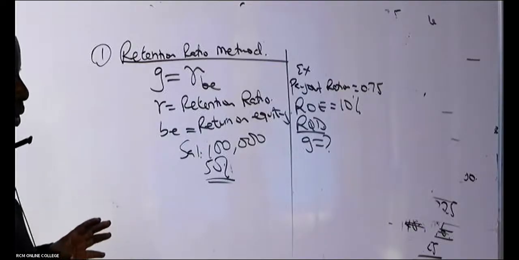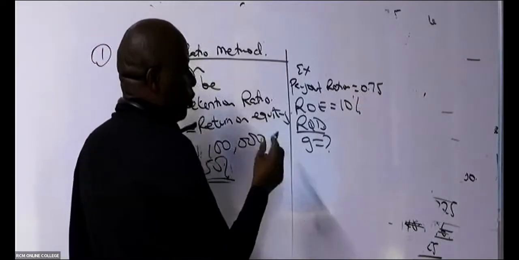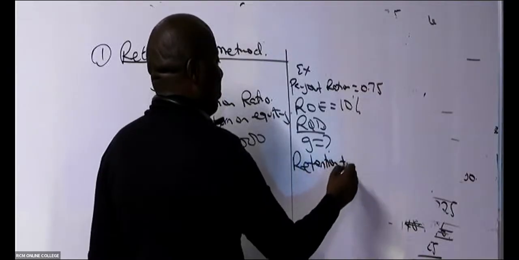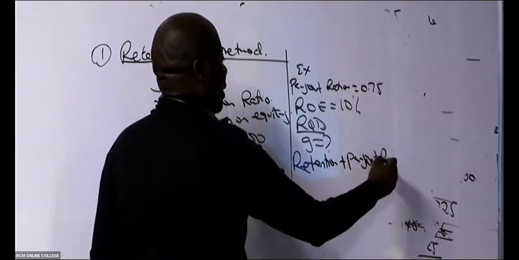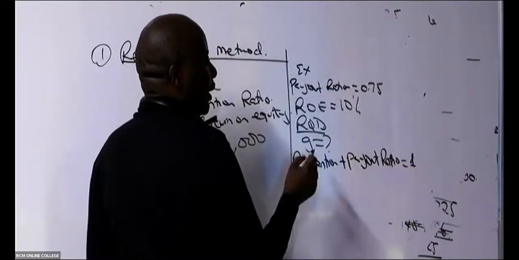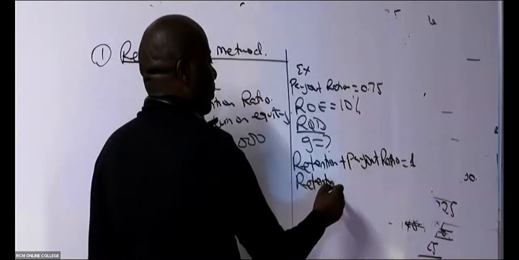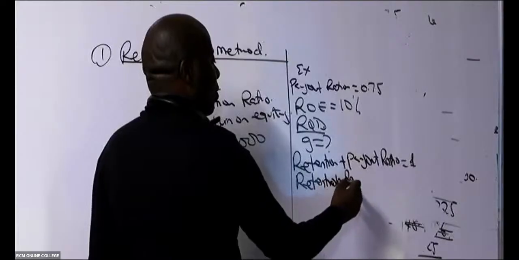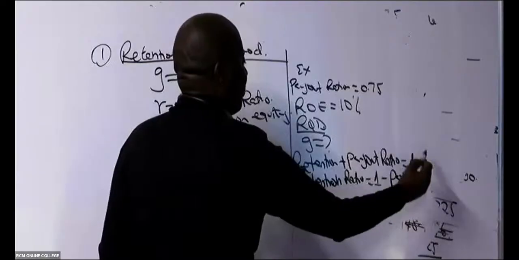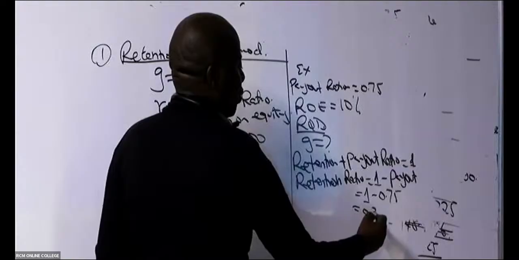Please remember that the retention ratio plus the payout ratio must always add up to 1. Now that they have given you the payout ratio, the retention ratio will be 1 minus payout, so 1 minus 0.75 gives you 0.25.